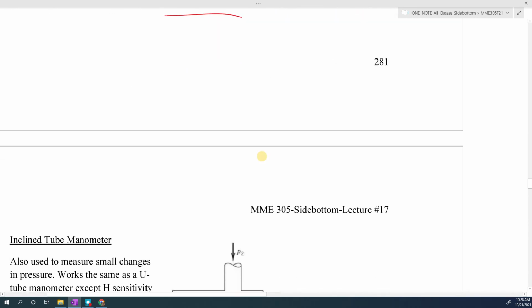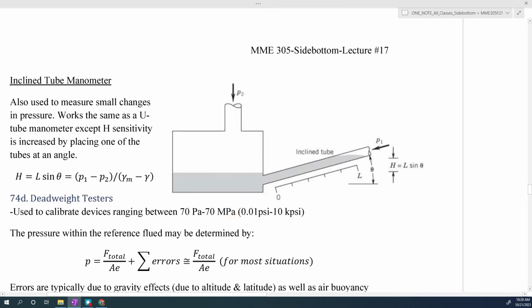And then the last instrument is the inclined tube manometer. The inclined tube manometer works on the same principle as the U-tube manometer, except the sensitivity is increased by placing one of the tubes at an angle. So basically, the change in height we can relate to L sine of theta.